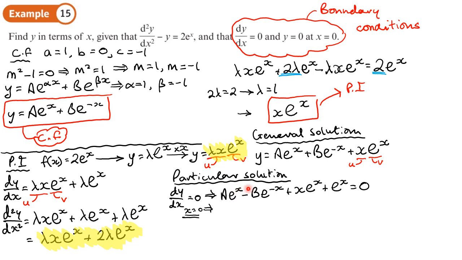So all of these x's here will become 0. So this first term just becomes a when x is 0. The second term just becomes b when x is 0. Obviously this term will disappear and I'm left with plus 1 here. So I've got basically a minus b equals negative 1 as one of my equations.